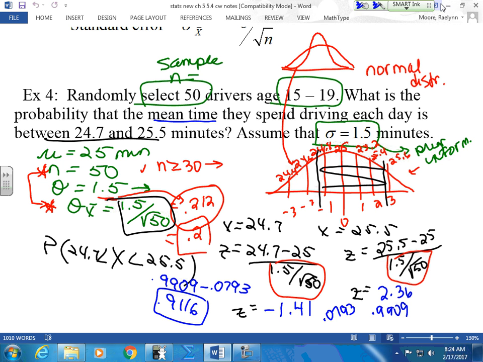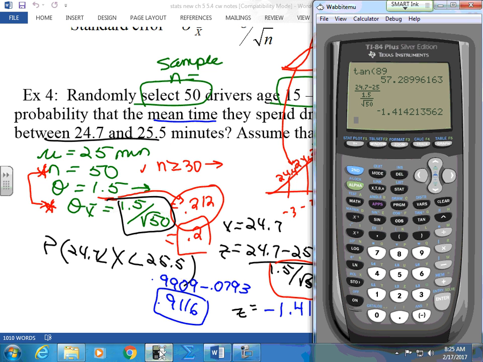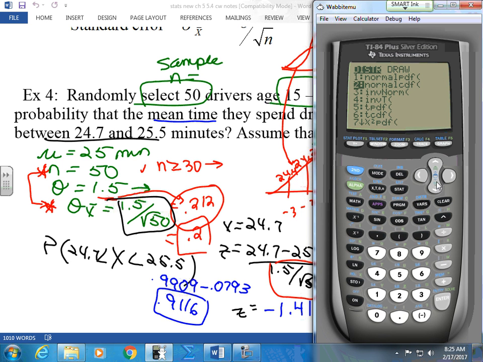We didn't change life too much, except for this. This was an in-between, so this involved a little bit more work. For those of you that like the calculator, this works real well in your calculator. Normal CDF. Your lower limit, give your x values, 24.7.